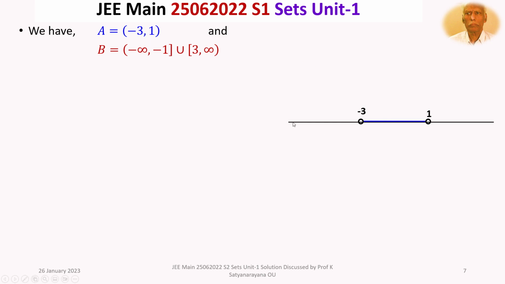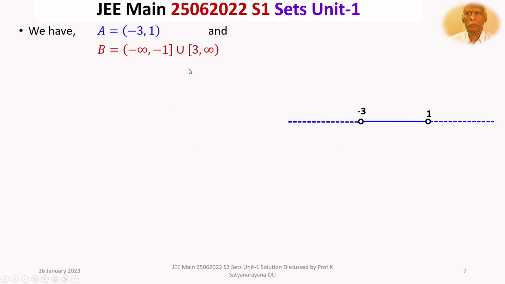All those real numbers which are not included in this open interval are denoted by a dotted line. These are the elements which are not in A. Minus 3 and 1 are not included.